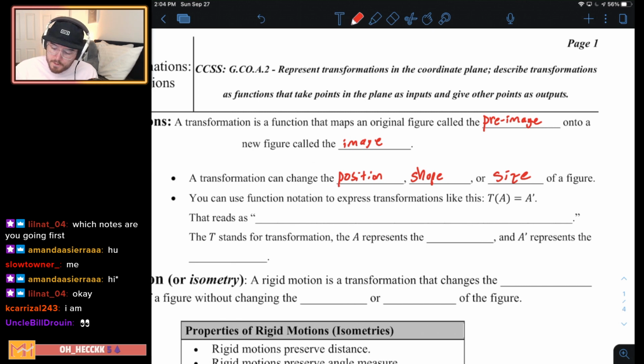You can use function notation to express transformations like this: T of A equals A prime.